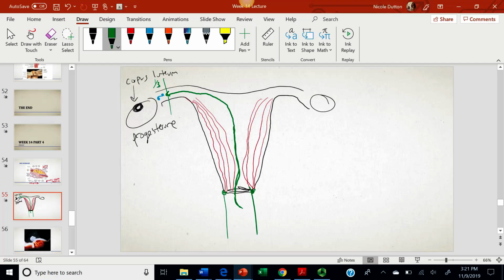First third. If the sperm does not fertilize the egg in the first third, it'll be too late. So that fertilized egg will just fall out and it won't be able to implant into the uterus.